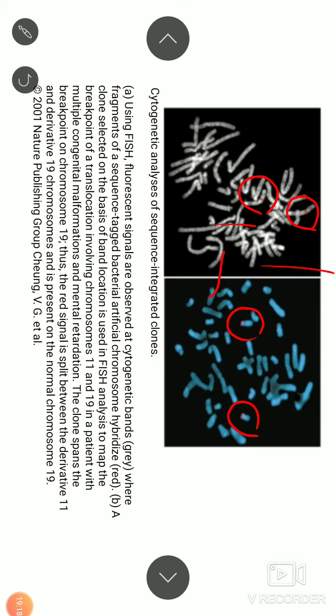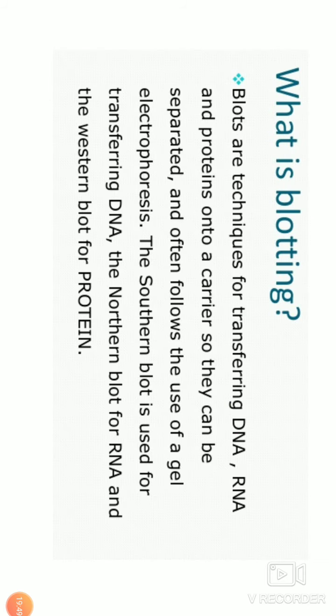Okay, this is about the technique of FISH. Now we will see other hybridization techniques where hybridization is extensively used. That is called the blotting techniques, right? I think you have been exposed in many classes to blotting techniques, which were developed way before FISH was developed.